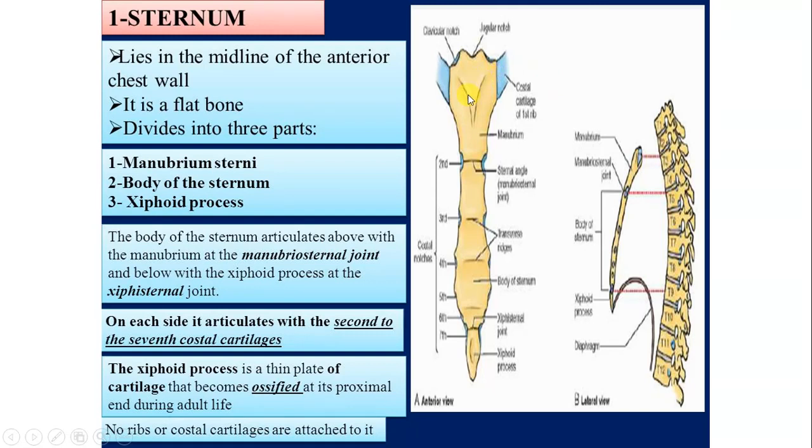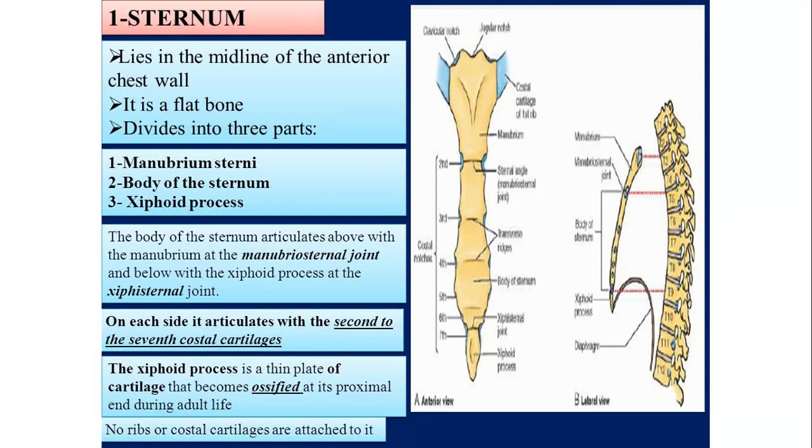So the sternum lies in the midline, in the front of the chest wall. It's a flat bone, and has three parts: manubrium sterni, then the body, and then the xiphoid process. The body articulates with the manubrium, forming the manubriosternal joint, and below with the xiphoid, forming the xiphisternal joint.